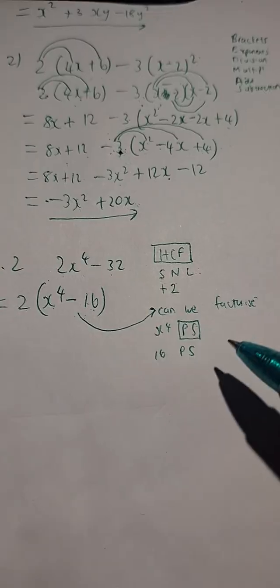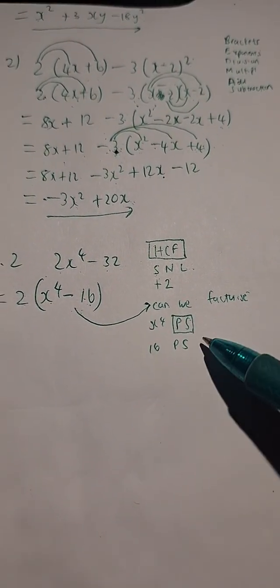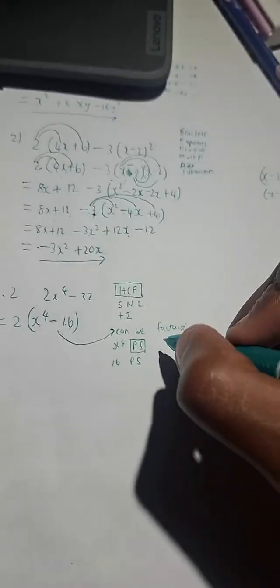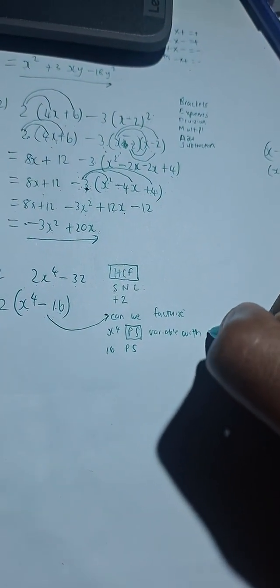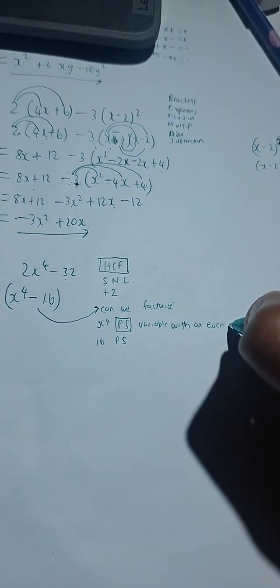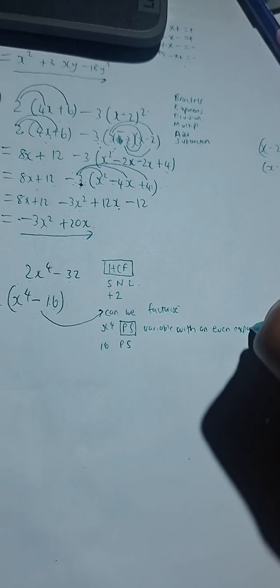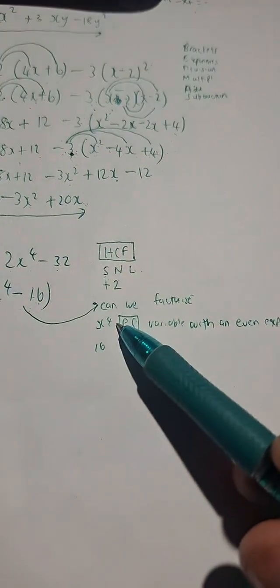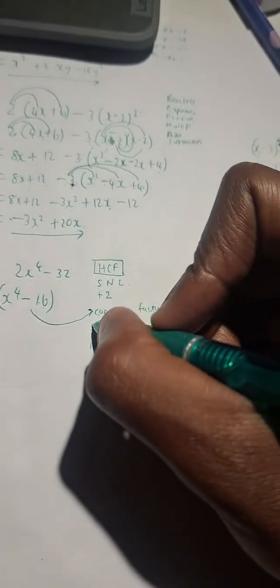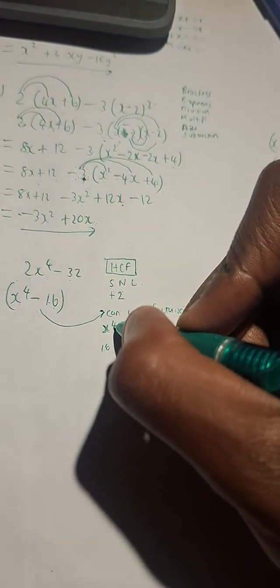What are perfect square numbers? These are numbers and variables. For instance, a perfect square variable is a variable or a letter that has an even exponent.